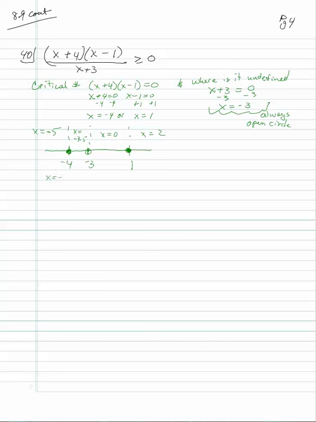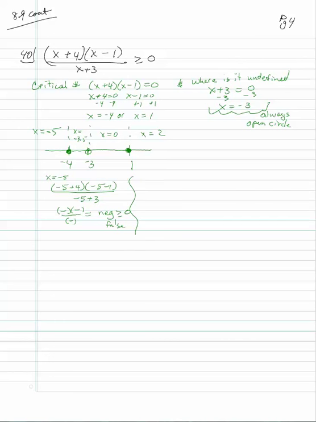So for x equals negative 5, we're going to get negative 5 plus 4, negative 5 minus 1, over negative 5 plus 3, which will give me, let's see, negative divided by a negative, which equals a negative number. And that greater than 0 is false.